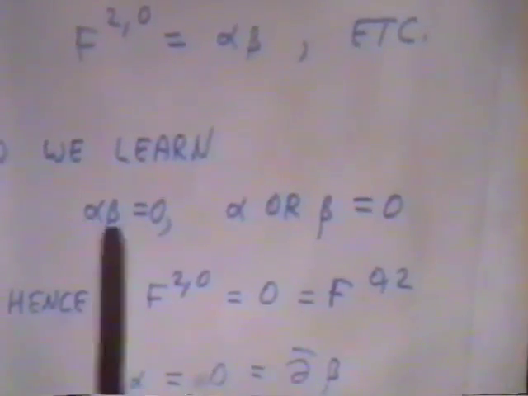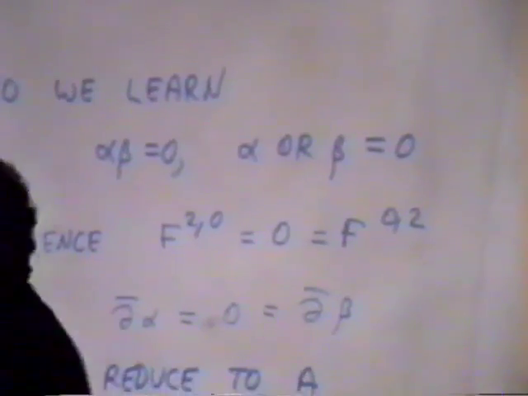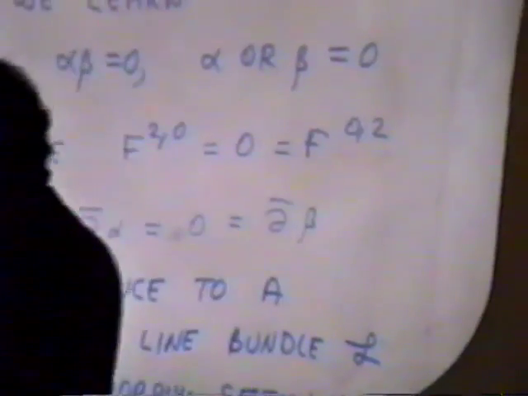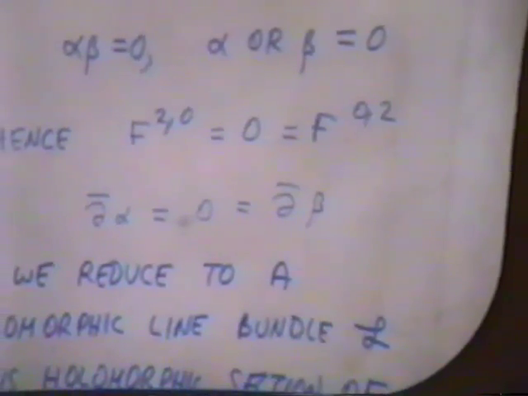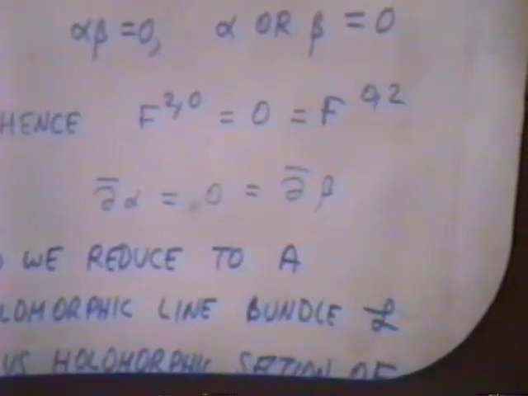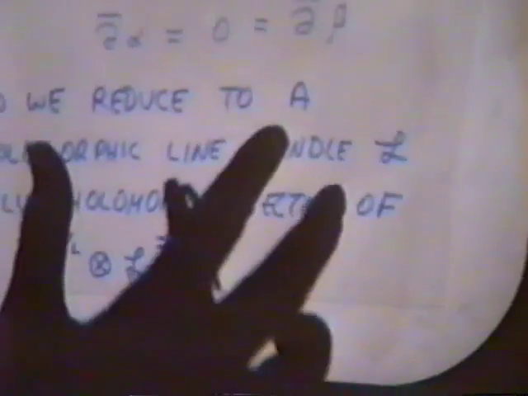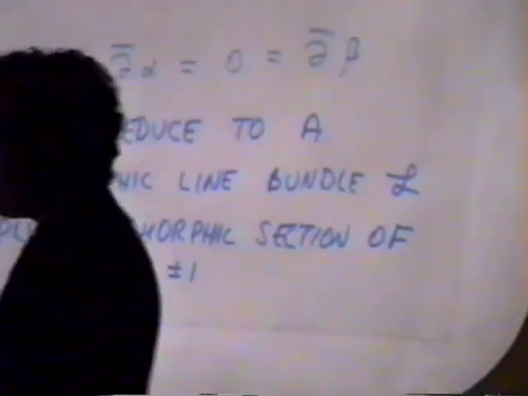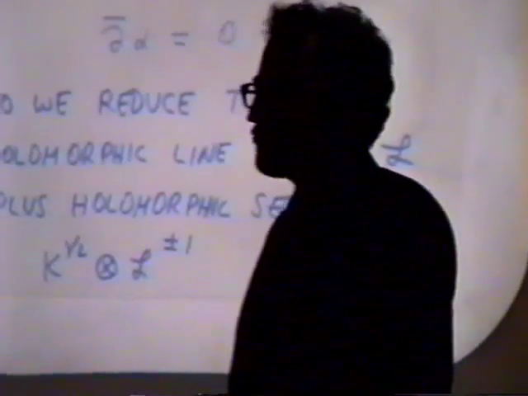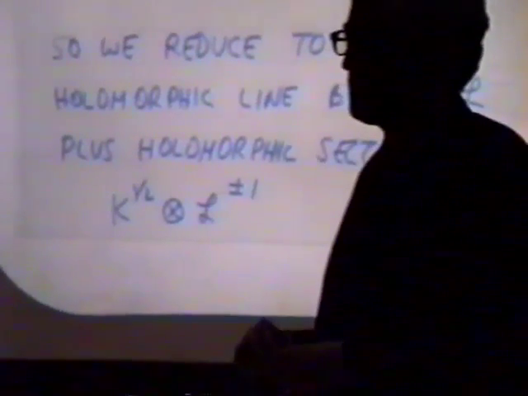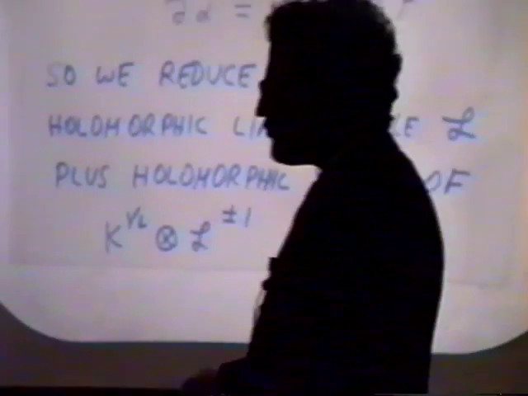So the left and right-hand sides vanishing tells you that alpha beta vanishes, so alpha or beta is 0. And therefore F20 and its complex conjugate F02 is 0. So the structures are holomorphic. And then the Dirac equation, if alpha or beta is 0, the Dirac equation tells you that the other one is holomorphic. So now you have what you wanted.